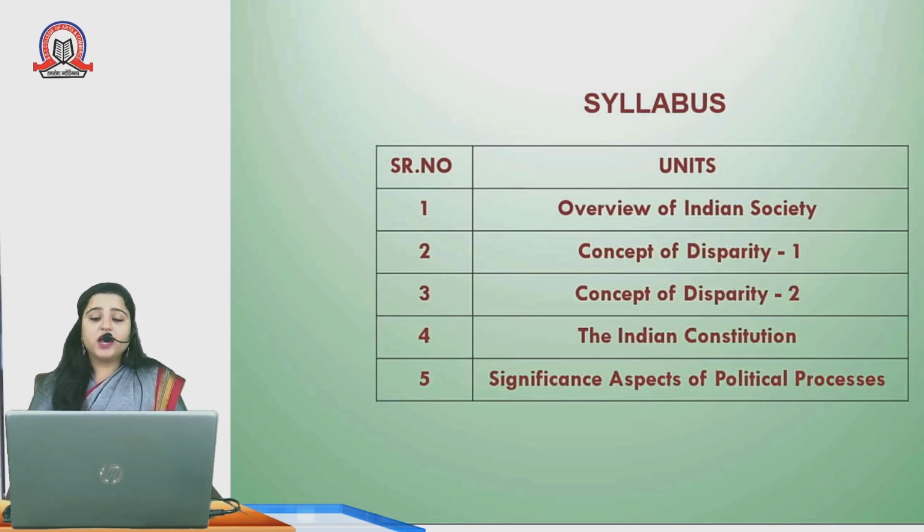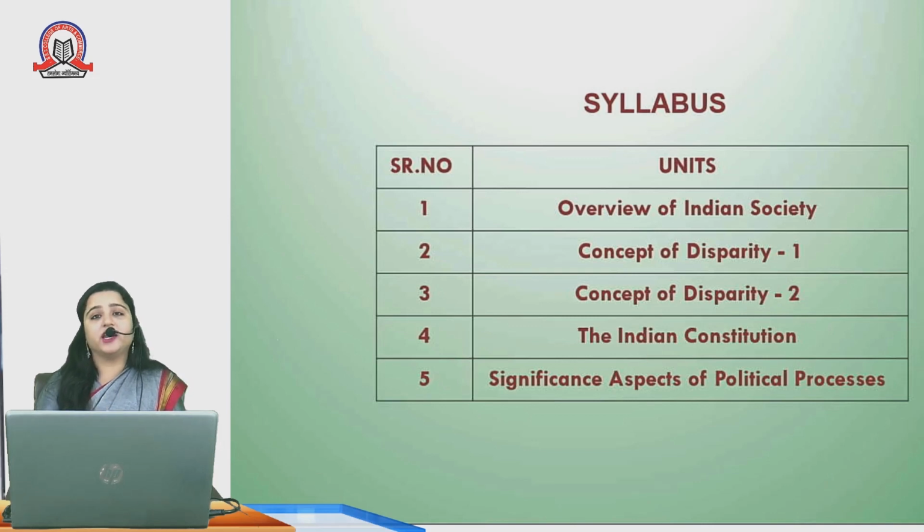Then we have unit number 4, that is the Indian Constitution. We have our constitution, so we should know the basic features of the Indian Constitution. What are the fundamental rights, fundamental duties of an Indian citizen? What are the schedules? What are the parts which are included in the Indian Constitution? That we are going to see in unit number 4.